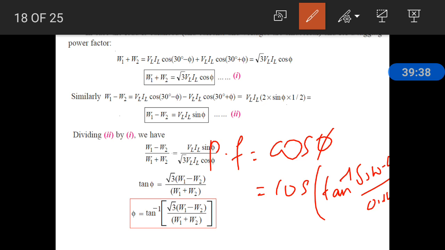So if you know the W1 and W2 values, we can calculate the power factor very easily also. This is another advantage of the 2 wattmeter method.